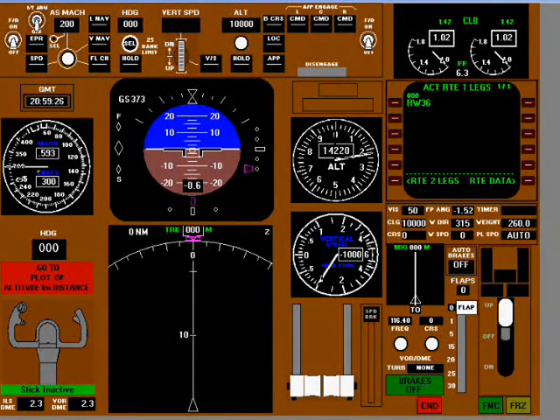The next transition will be similar. We will level off at 13,000 feet, maintaining 300 knots.